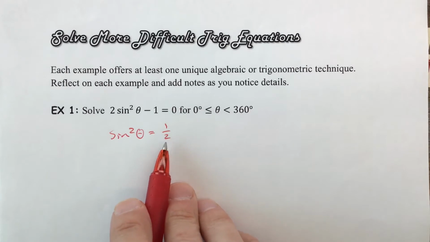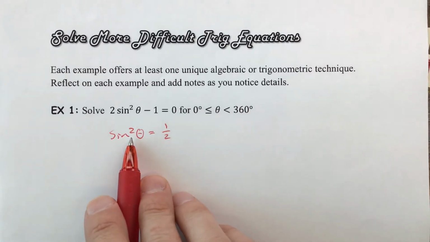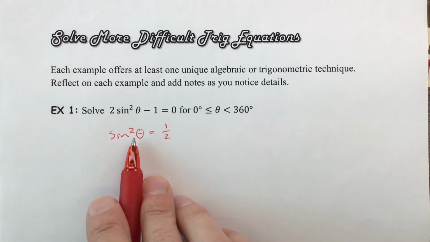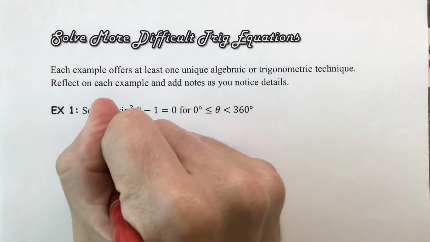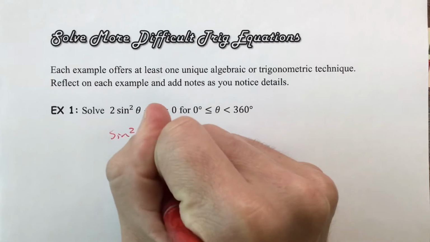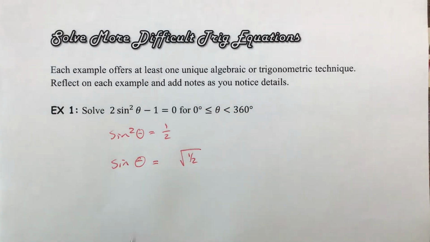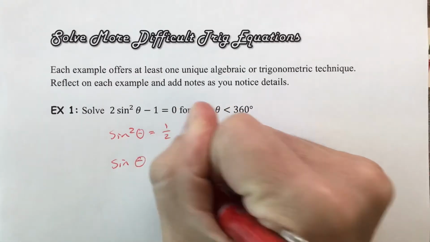Next, we need to get rid of the squared, because that is technically outside of the sine function. So we're going to square root. That would give us the sine of theta is equal to the square root of 1/2. But notice I have a little space here, because when we take a square root, we can get either a positive or negative value.